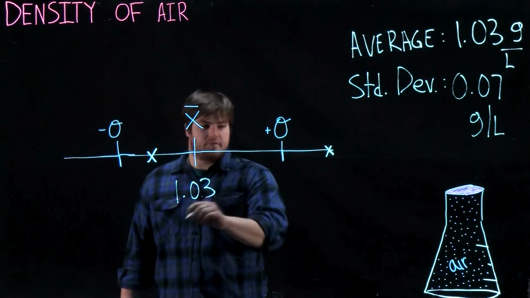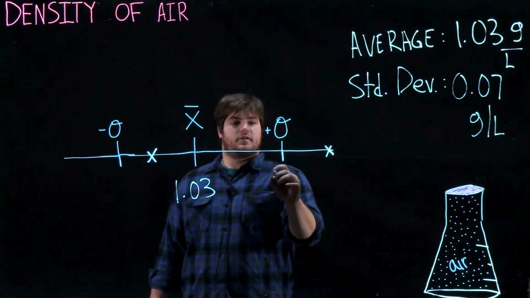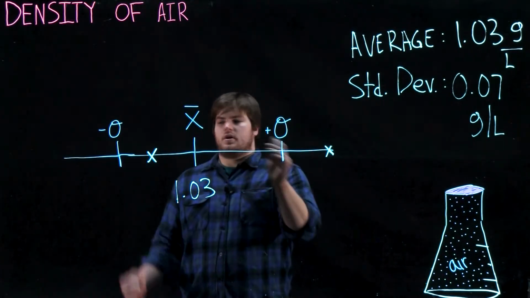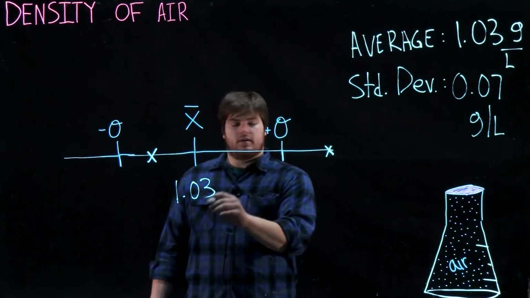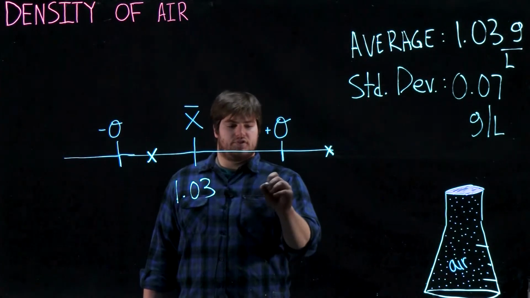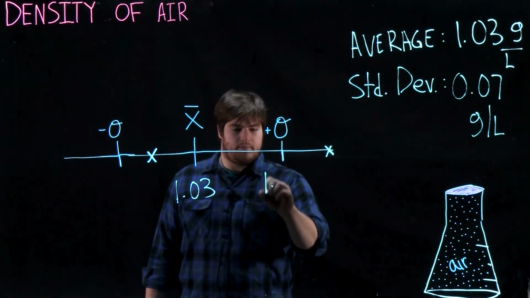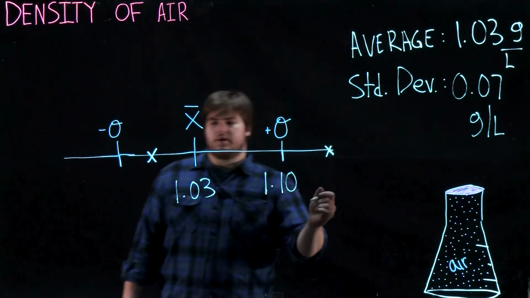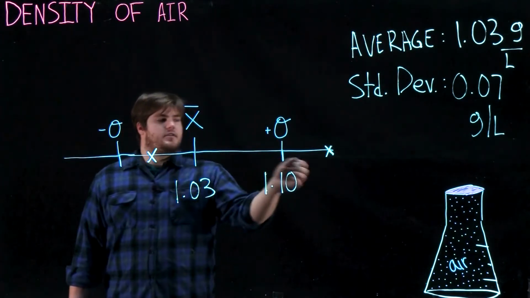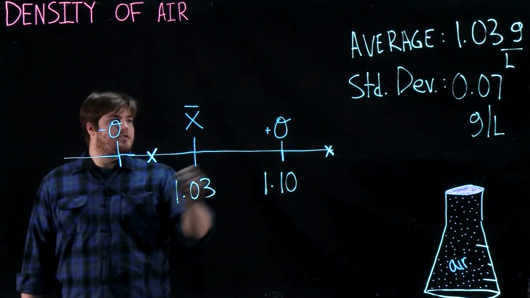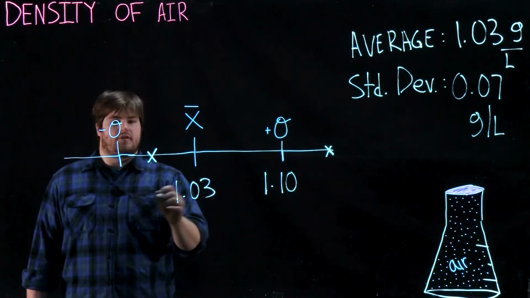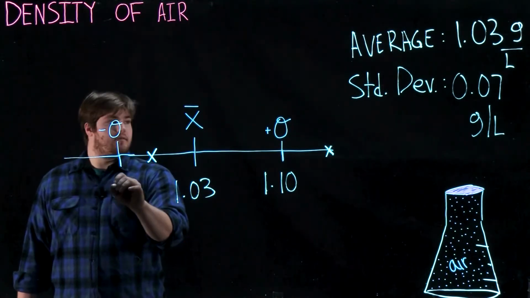And again, this is in grams per liter, but I'm not going to write that down. I'll clutter my space. And then to show the range, I could add 0.07 to 1.03, and that would give me a value of 1.10 grams per liter. And then to do it on the other side, to get your negative sigma value on the range, you would just subtract 0.07 from 1.03, and that would give you 0.96 grams per liter.